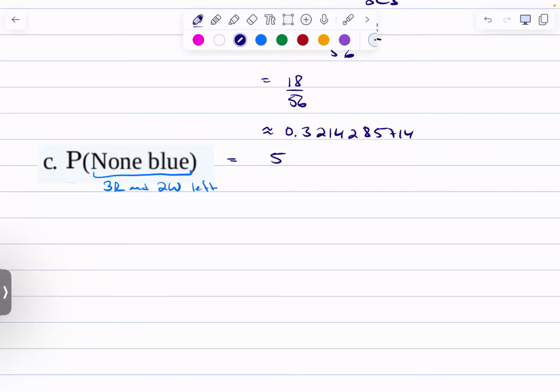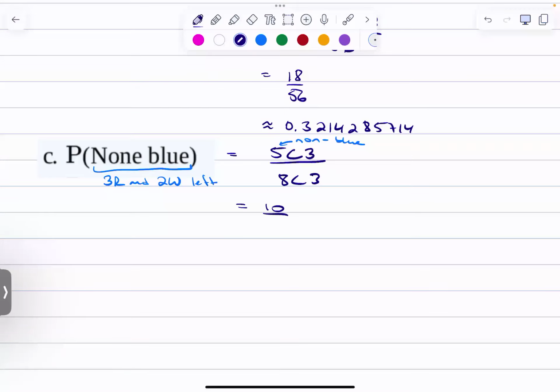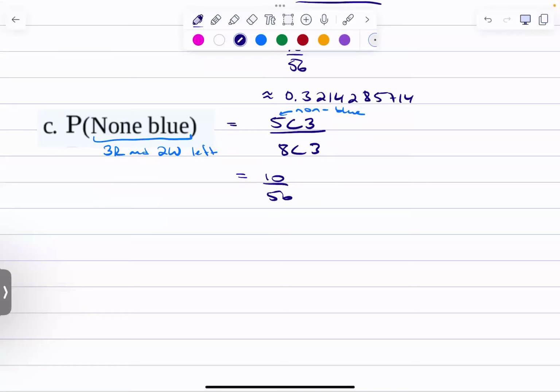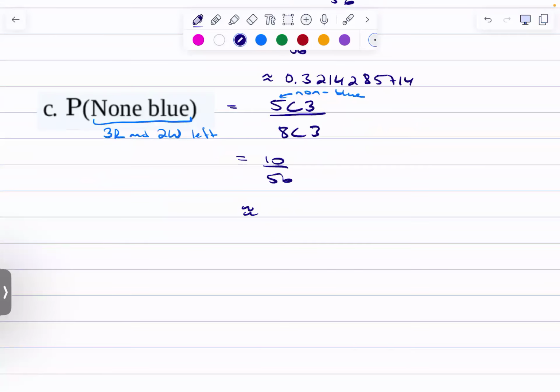Which means I have 5 choose 3 non-blue options to choose from, divided by 8 choose 3. 5 choose 3 is 10, divided by 56. 0.17857, or 0.14286.